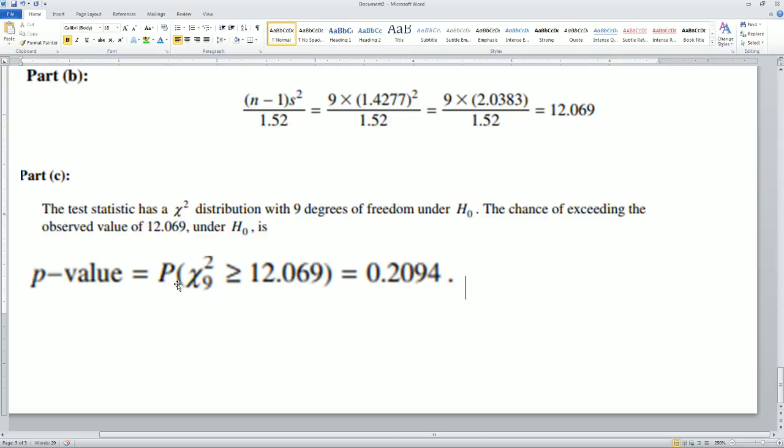The probability of the chi-square being greater than 12.069, right? And that's only 0.2094. This is in the calculator. You calculate this using the calculator.